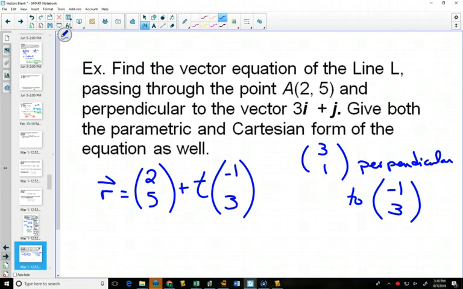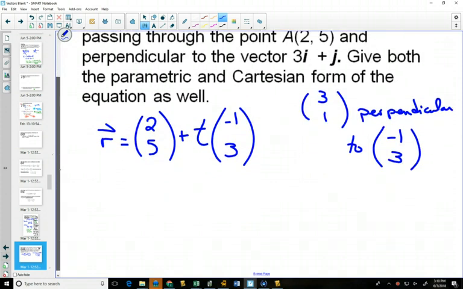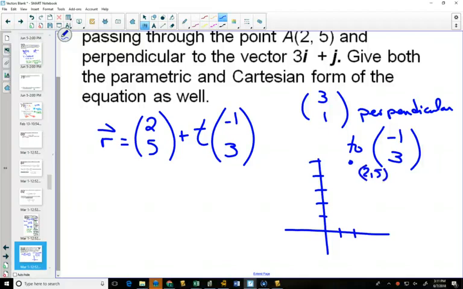Again, graphically, what does this mean? Here's my point (2, 5). I need every point on that line going along the direction -1, so down 1 over 3.